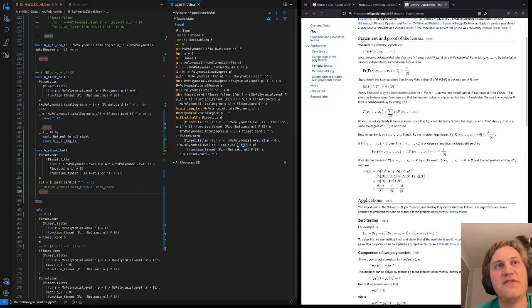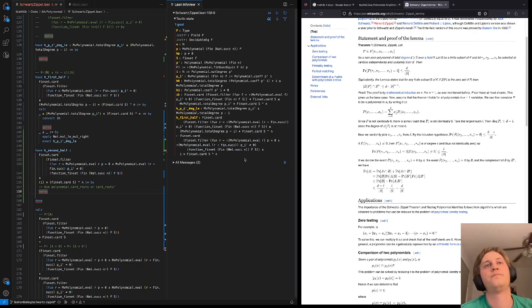And so for each of the finset.card s to the n choices for the successor values, we're assured that that set only contributes at most I to this total.